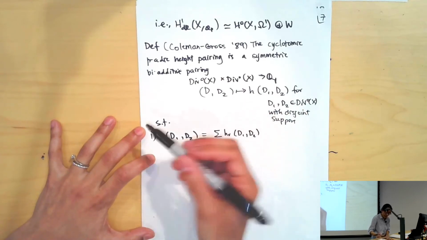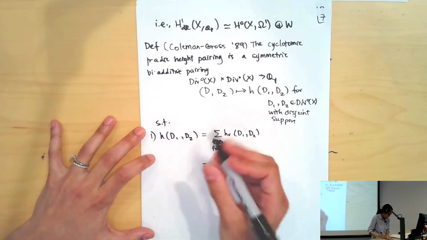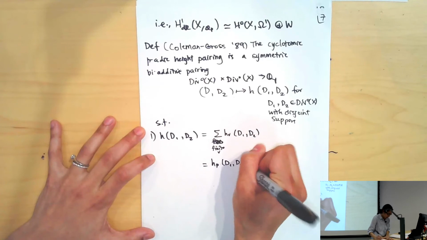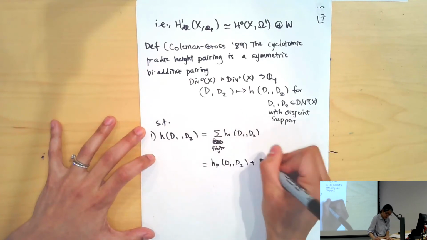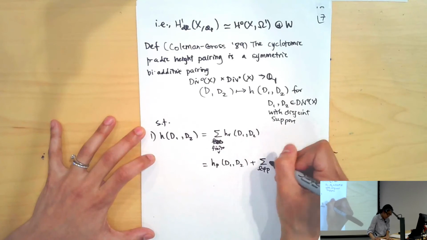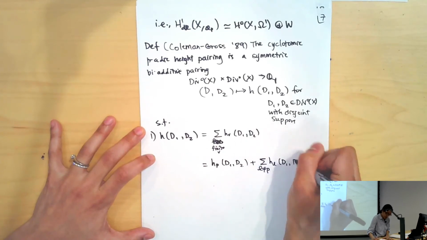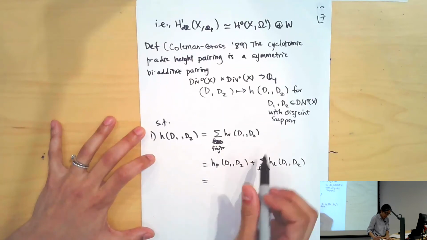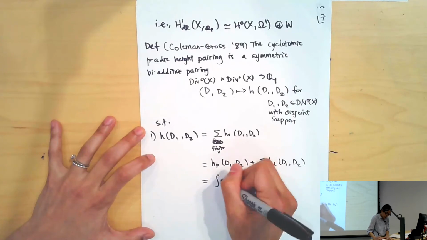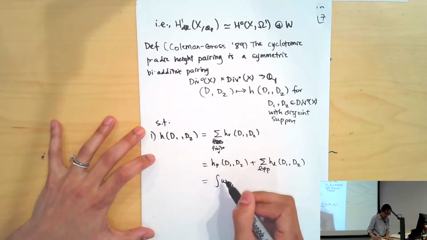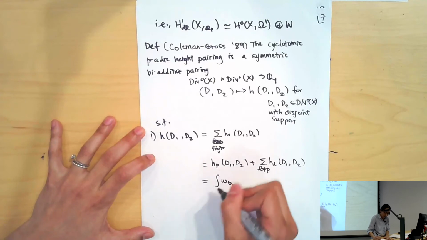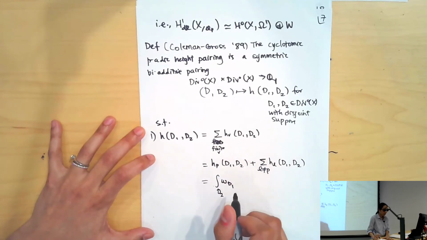So we fix some prime p that we're working with, and so there's a distinguished local height at p, and we'll come back to that in a second, plus local terms away from p, so local heights h_l. And now, what do each of these terms look like? So the local height at p is a certain Coleman integral, an integral of a normalized differential of the third kind. So now we're going to allow for poles along D1, and we're going to integrate along D2.